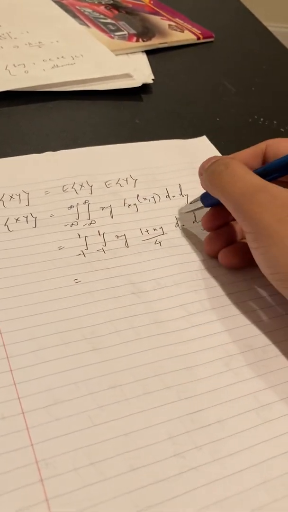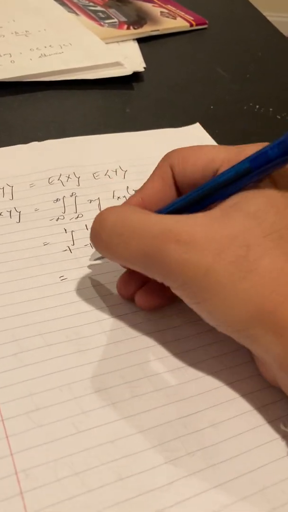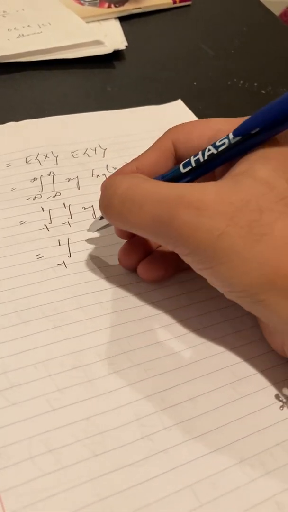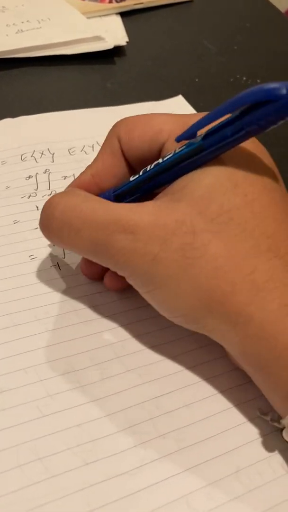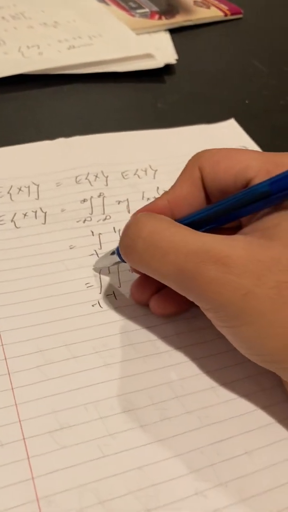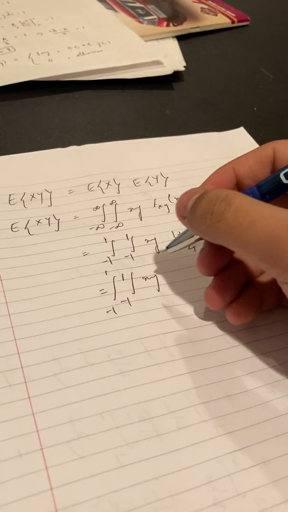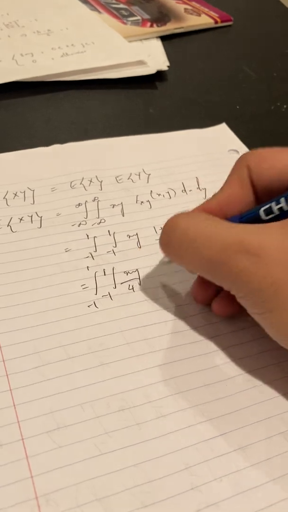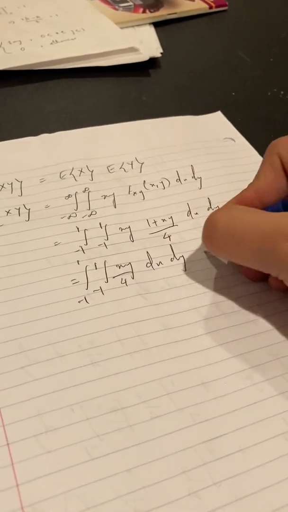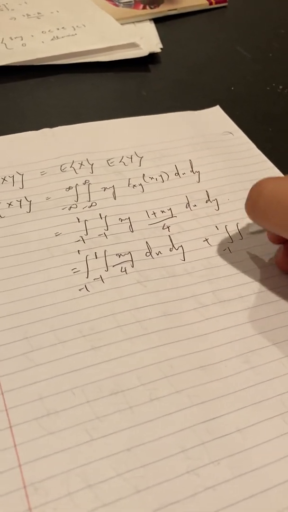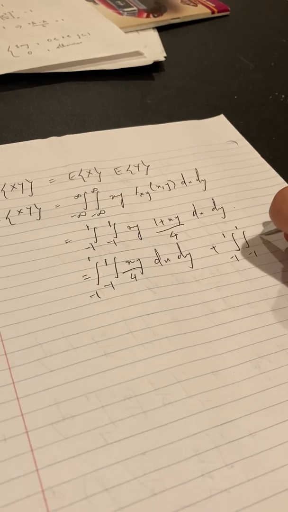Let us calculate it with respect to x first. Let us separate the terms so that it becomes easy to calculate: plus the double integral from minus 1 to 1, minus 1 to 1, of x square y square by 4 dx dy.